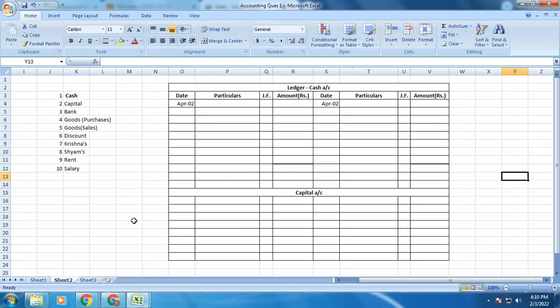Then discount allowed, discount received. Okay, that gives you important information. Then Krishna and Sham are people you are dealing with. Krishna was somebody you had I think sold goods to, and Sham was somebody from whom you had purchased goods. So debtors and creditors.